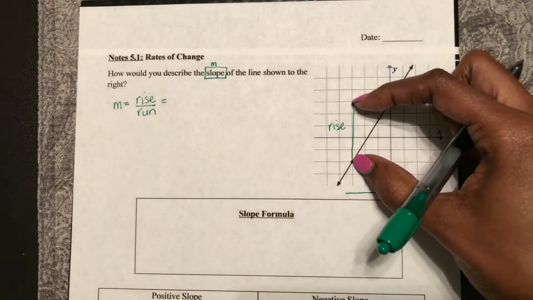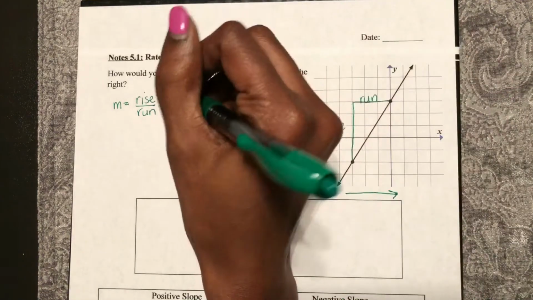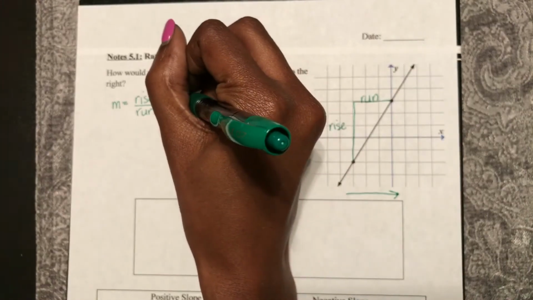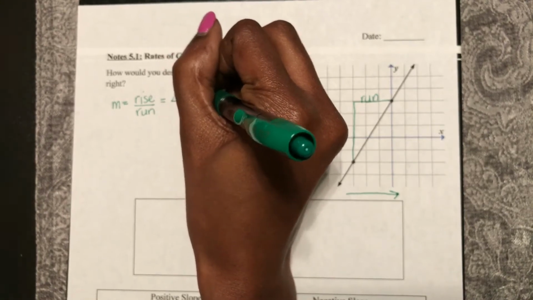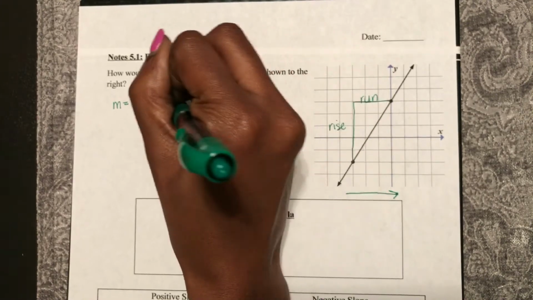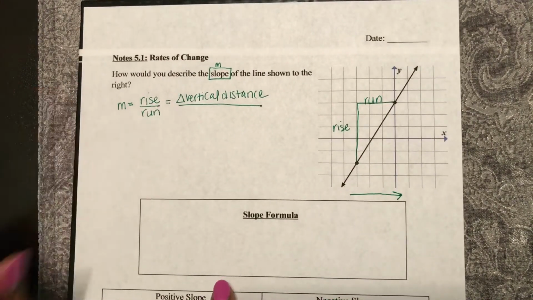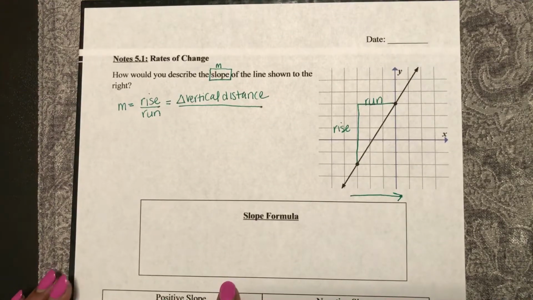So what is rise? Rise is a change in my vertical distance. So this little triangle means delta, means change.